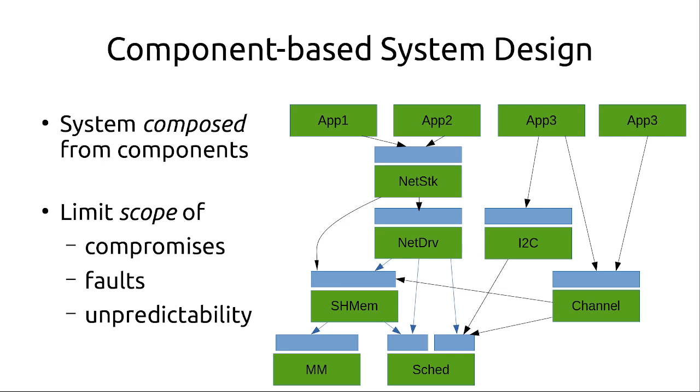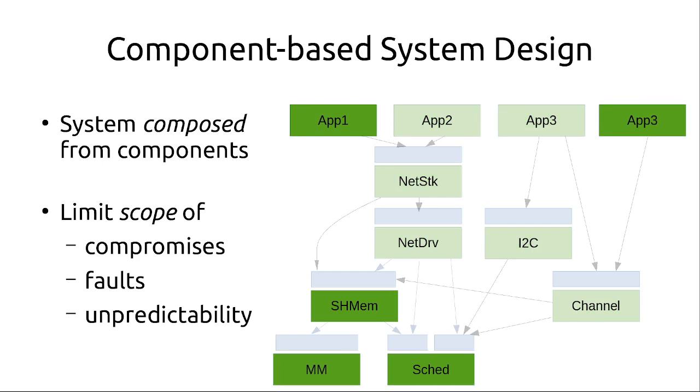So we'd really like the facets of the system that are required by App 3 to hopefully be somewhat isolated from the potential compromises or faults of App 1. And we can see that we can simply look at the intersection of the two sets of dependencies for these applications to see which ones need to be in the trusted computing base.